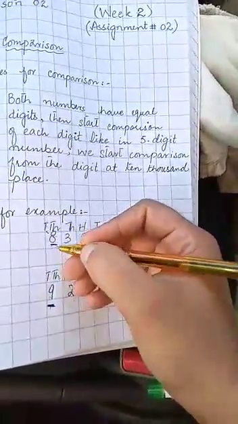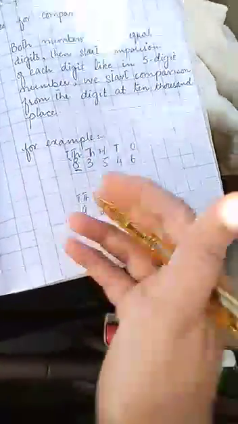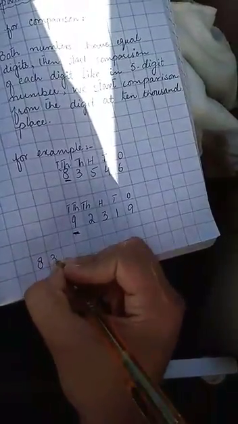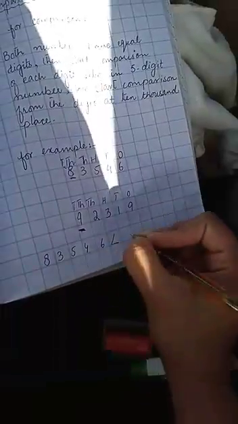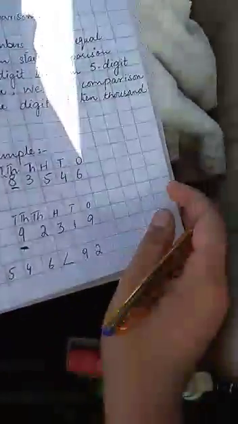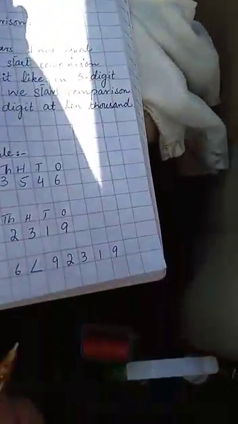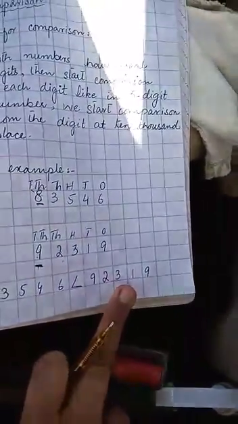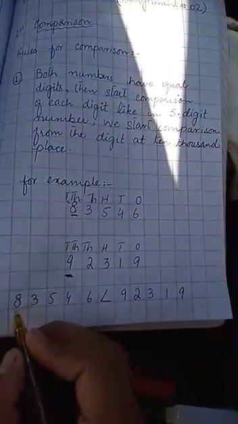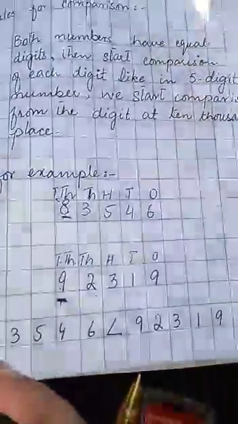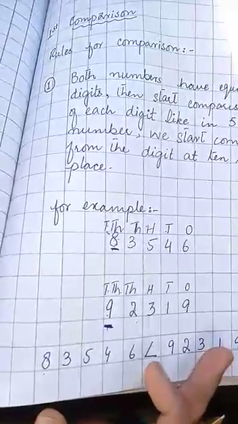So we all know that 9 is greater than 8. Then by comparing these two numbers, we can write 83546 is less than 92319. This number is less than this number because by comparing its first term, which is at the 10,000 place, we came to know that this number is less than this number.